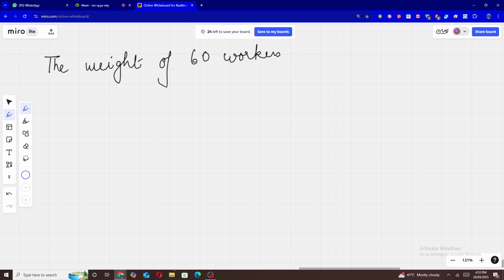A plus, which is the assumed mean, plus sigma fi di by sigma fi.